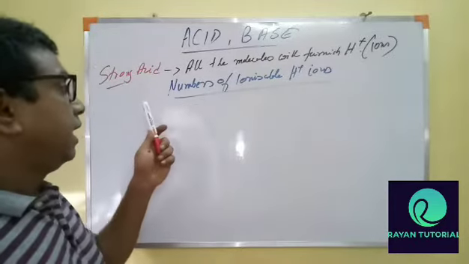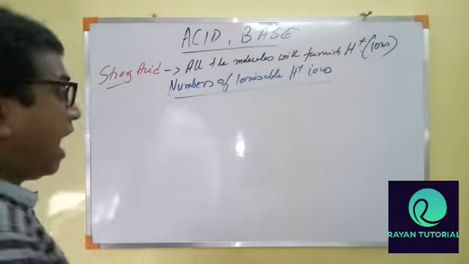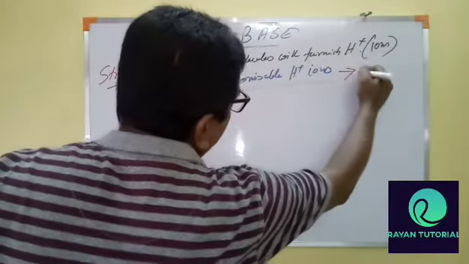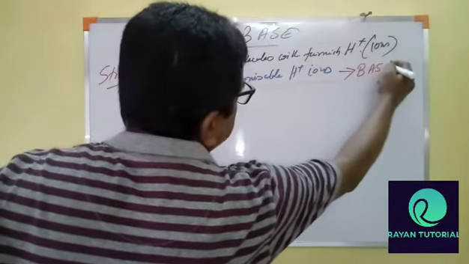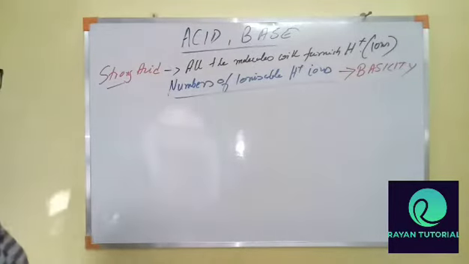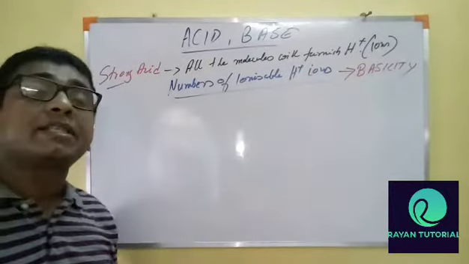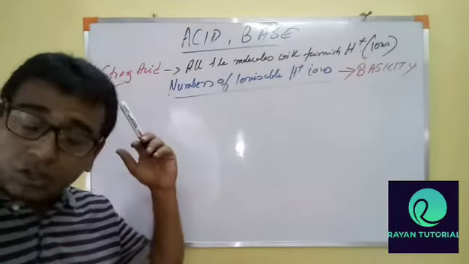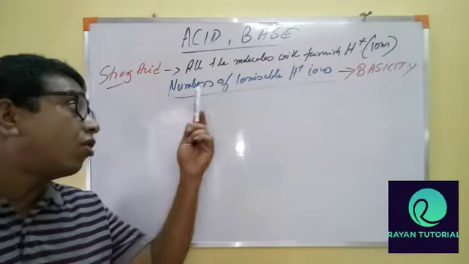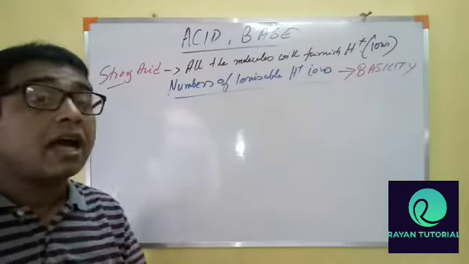That means we can find out the number of ionizable hydrogen ions, and this number is known as the basicity of an acid. So if the question comes, what is the basicity of an acid? The basicity of an acid is the number of ionizable hydrogen ions present in the acid.